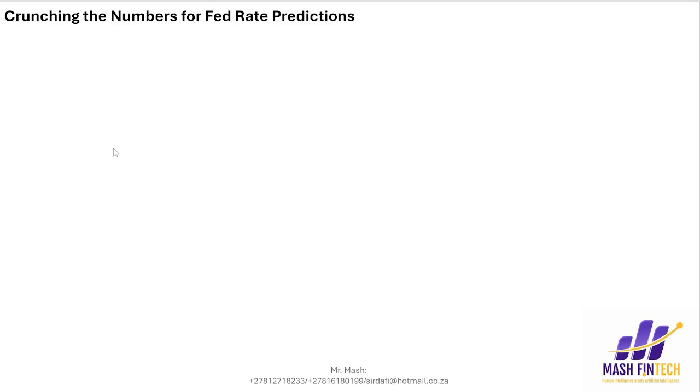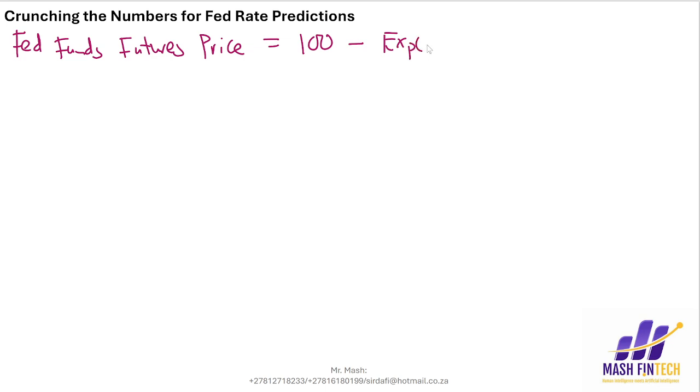Okay, let's crunch some numbers now. The federal funds futures price is given by 100 minus the expected federal funds effective rate.